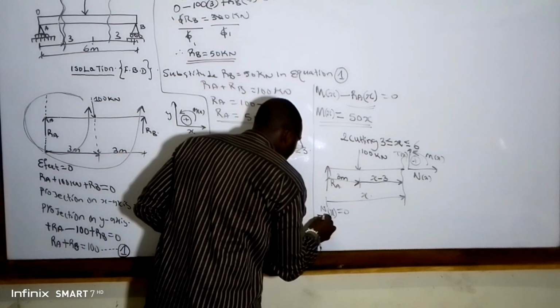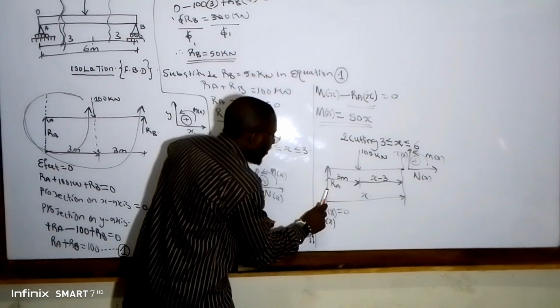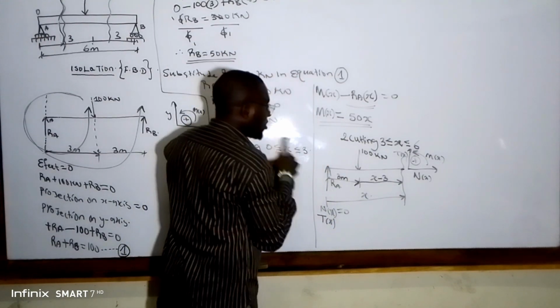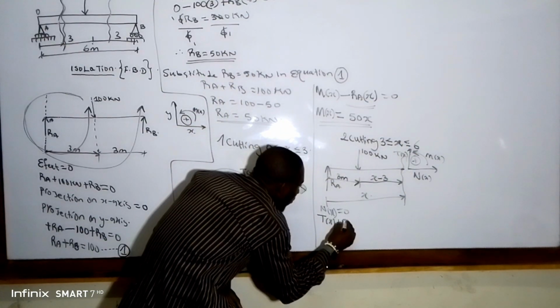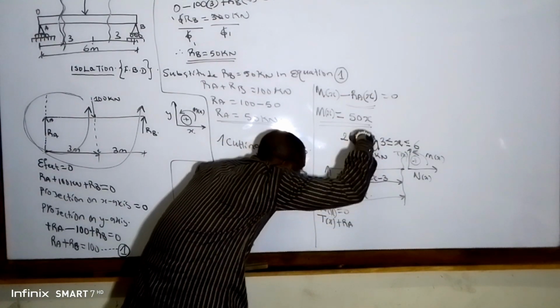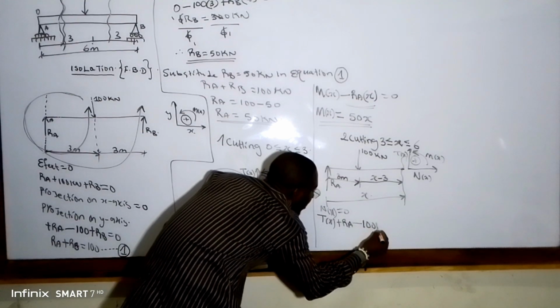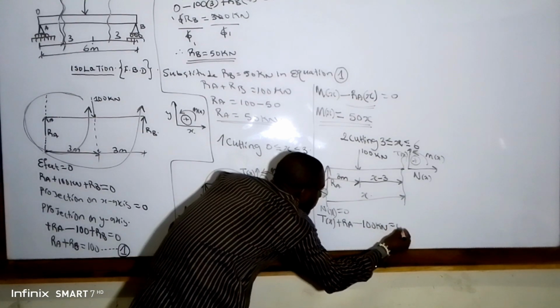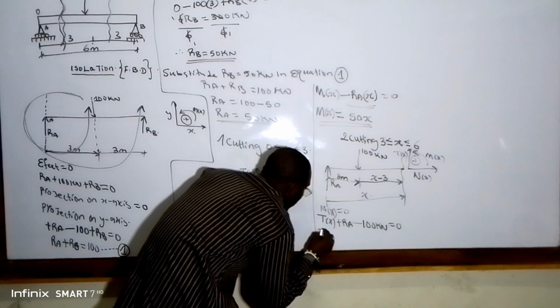Now our T of x. We have an R_A that is going upward. It is obeying the direction of our orientation. We have plus R_A. 100 kilonewton is coming down, so it is opposing. So we have minus 100 kilonewton equal to 0. So let's look for our T of x or our shear force.